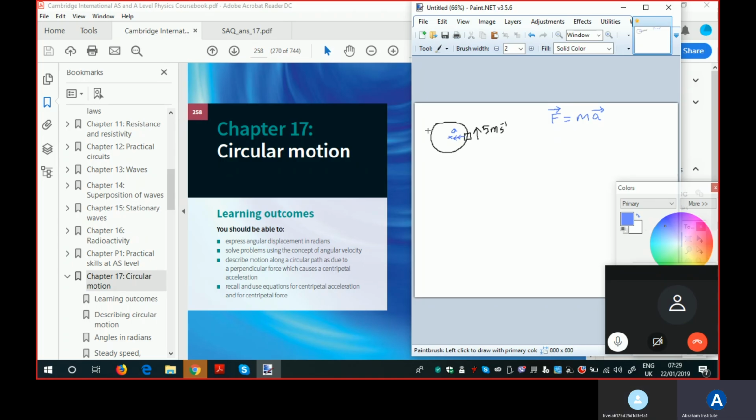Now when the car is moving in a circle, what prevents the car from sliding is the frictional force between the tires of the car and the ground. There is a frictional force which prevents the car from sliding when it is going in a circle.